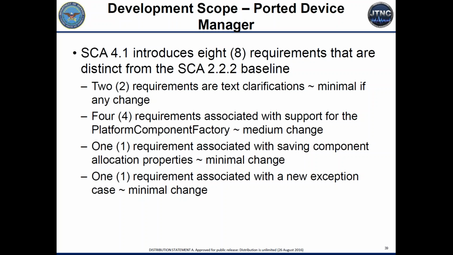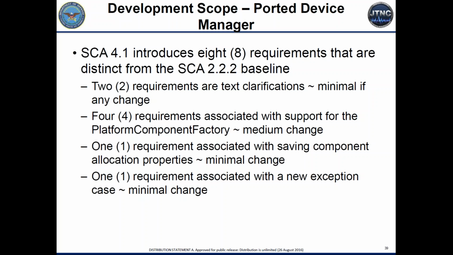that were added because now we have a component factory, or we have a factory capability on the device side. 222, you remember, only had the ability to have a resource factory. So something over on the application side to create factory components.